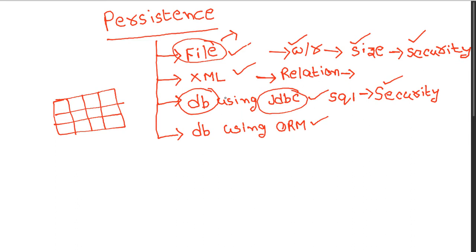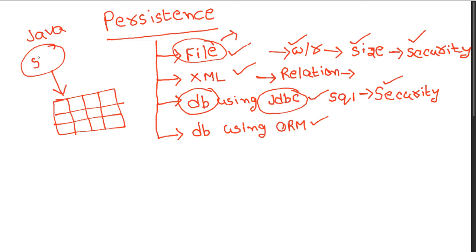You can't directly save a Java object into the database. I have a Java object, a student object S1, and a table of student. I can't save this Java object directly into this table.